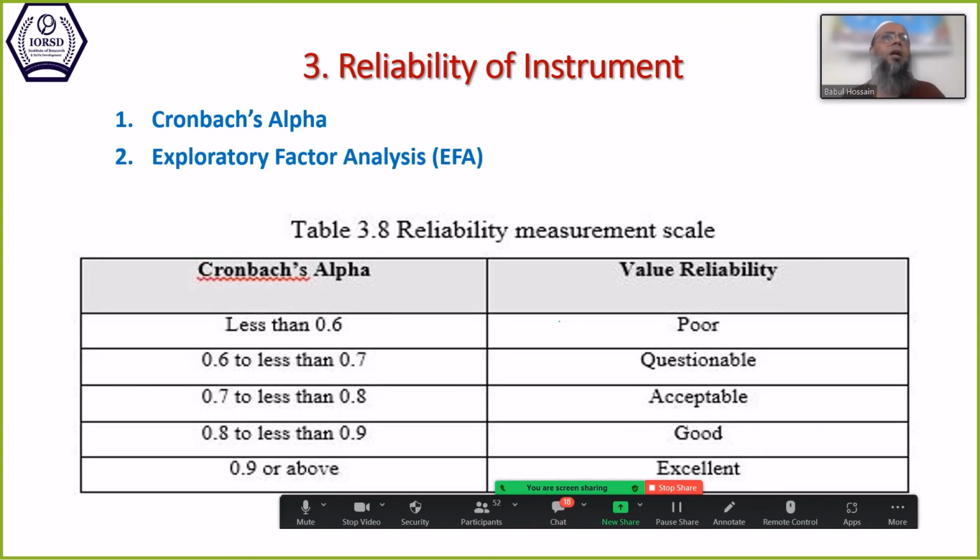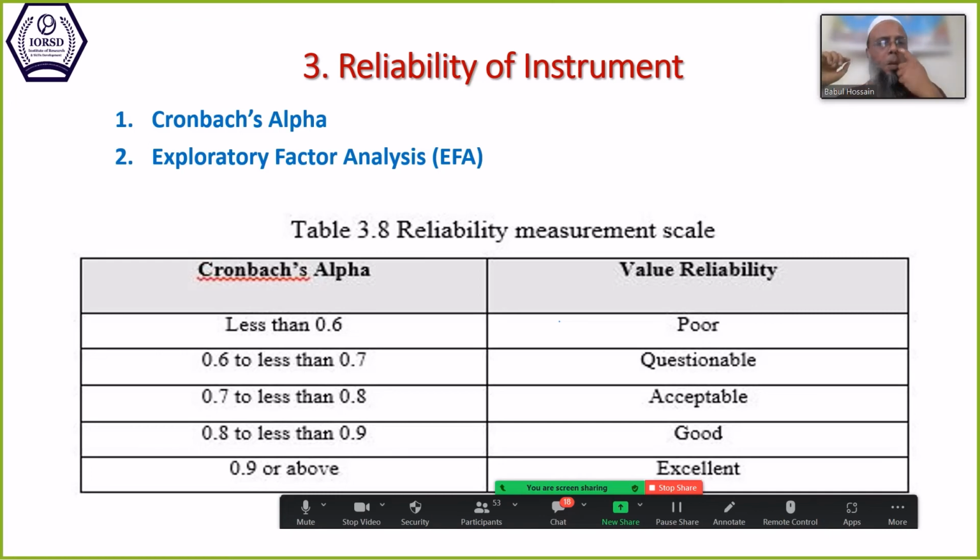After doing the pilot study, you will find the internal consistency of the items of a particular variable through the Cronbach alpha. Thank you very much, sir.